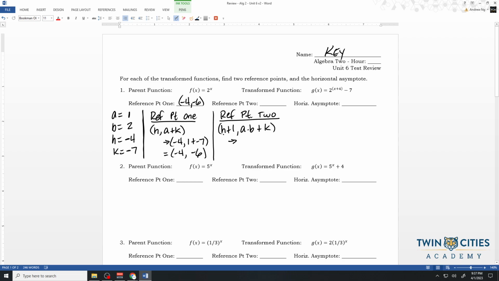All right, so what do we have here? H plus 1 is negative 4 plus 1. And comma, a times b is 1 times 2, and then plus negative 7. Negative 4 plus 1 is negative 3. And then 1 times 2 is 2. Add negative 7, so that'll be negative 5.